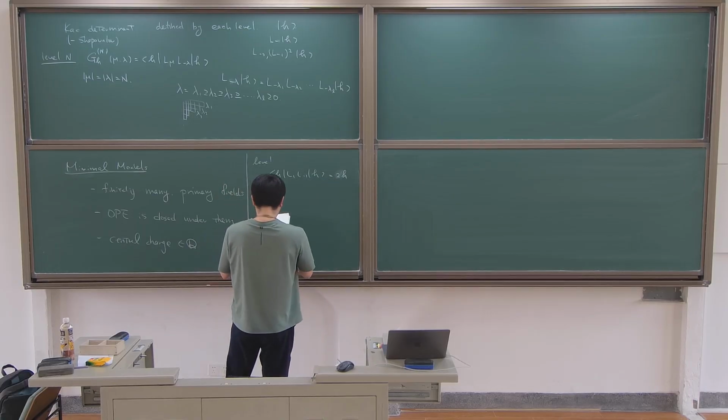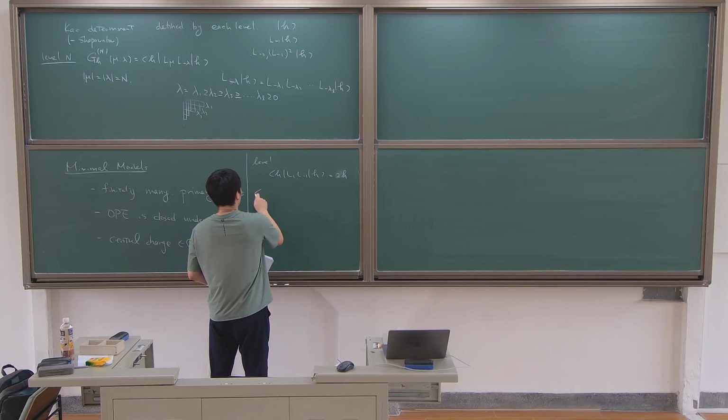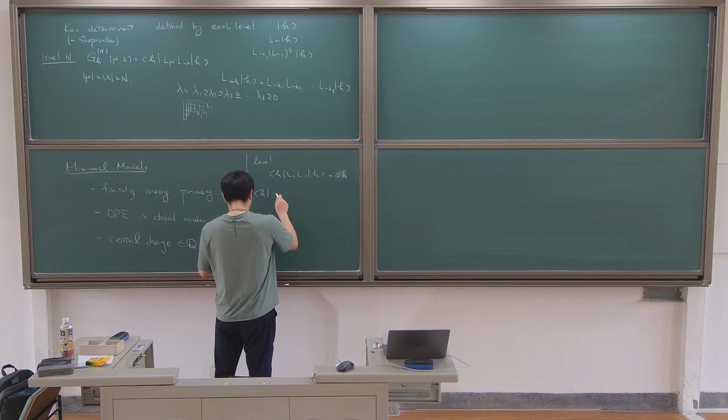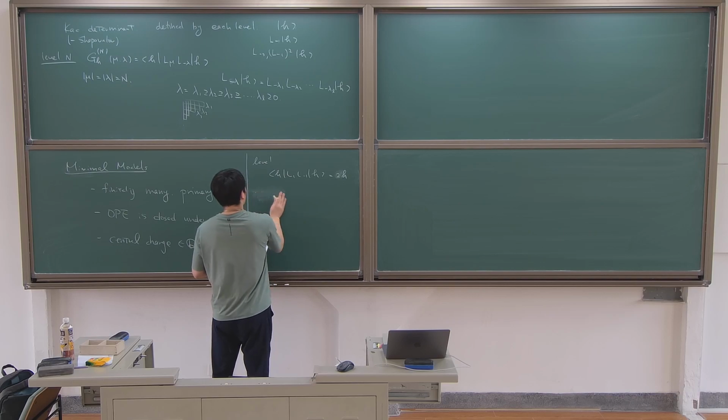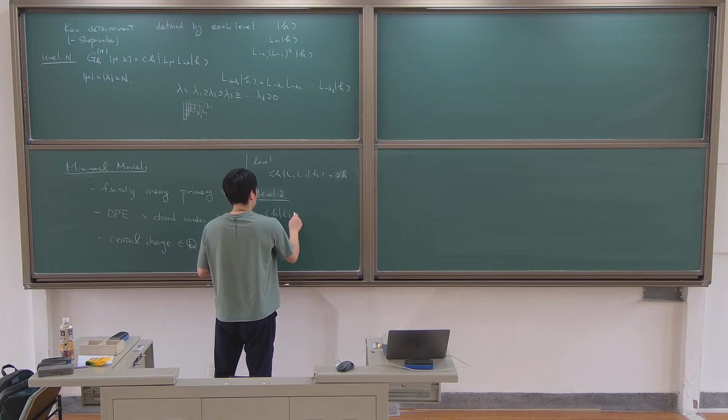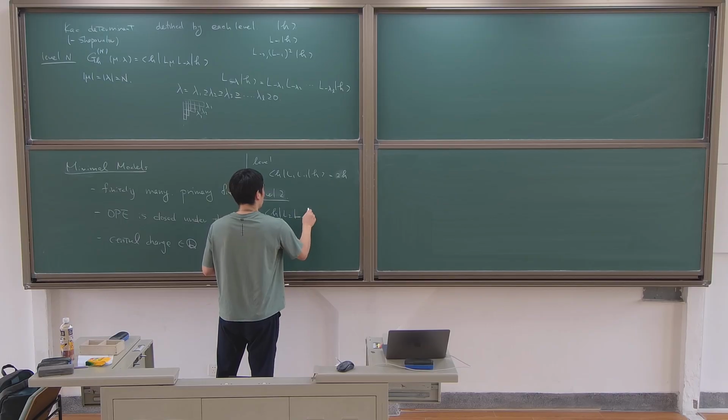And then we also computed level 2. It's a 2 by 2 matrix, like this way.